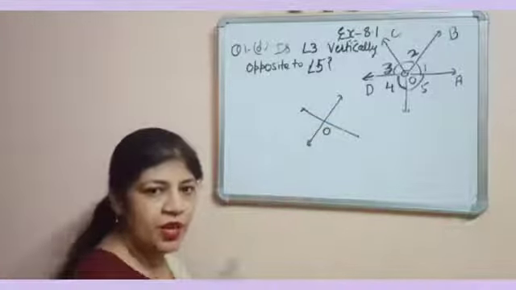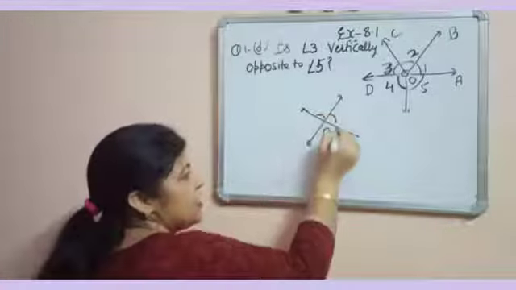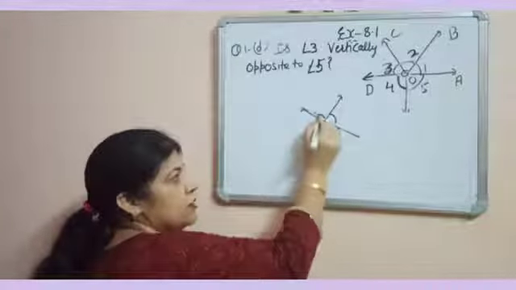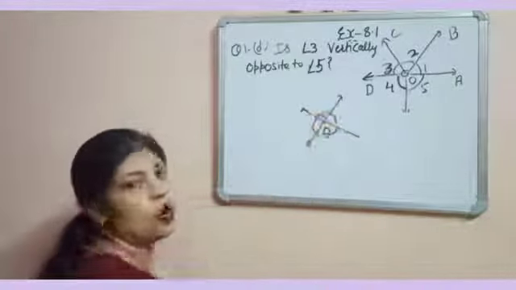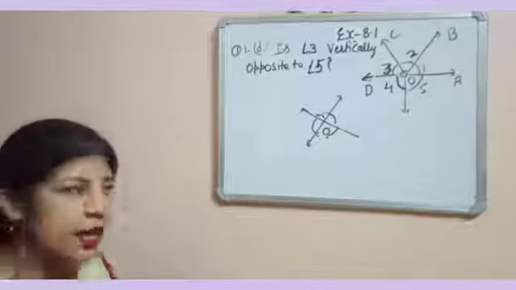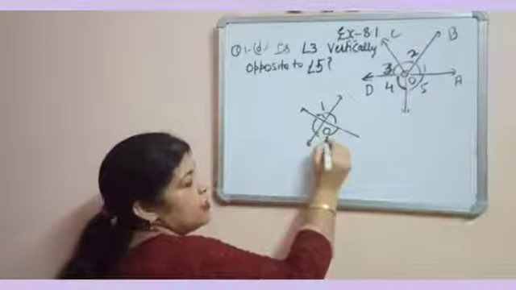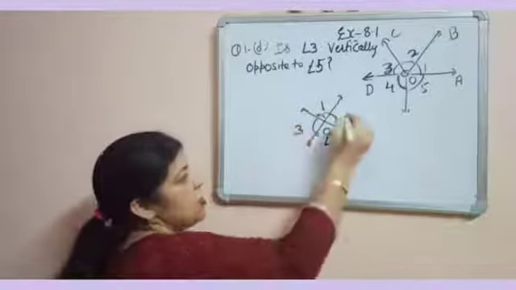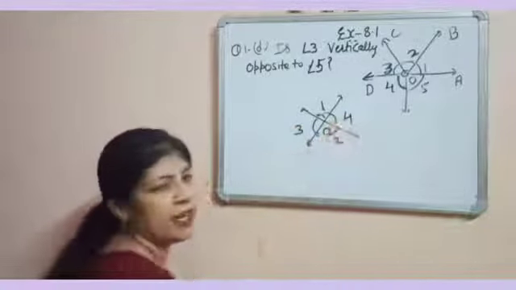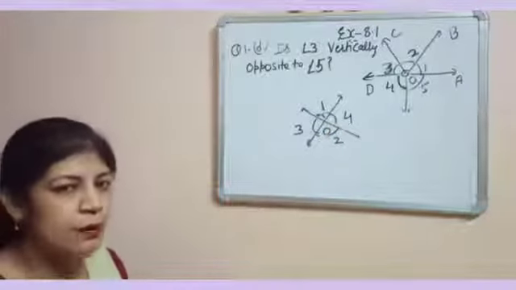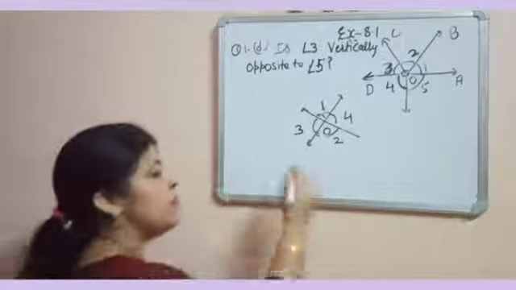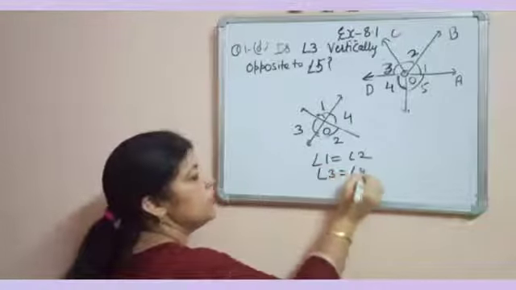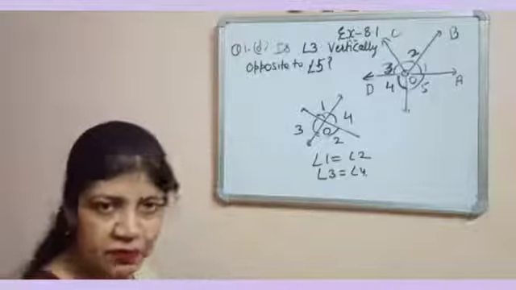You can see the four angles formed by intersecting lines, and the opposite angles are called vertically opposite angles. Means angle 1 is vertically opposite to angle 2. Angle 3 is vertically opposite to angle 4. And both pairs are equal. We have seen in previous modules.